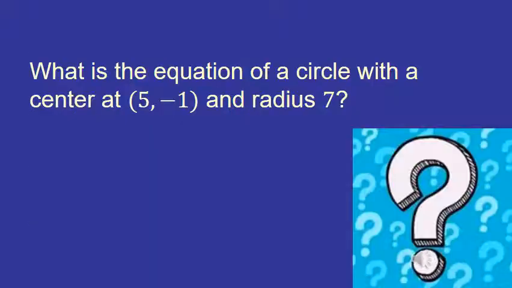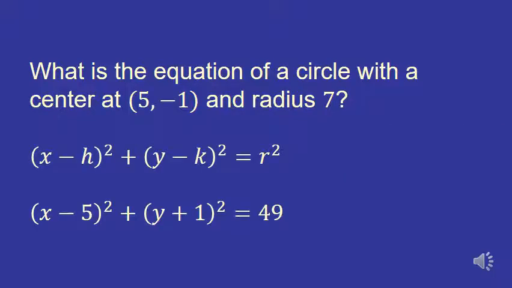So a real typical kind of question would look like this. What is the equation of a circle with a center at (5, -1) and a radius of 7? If you think about that for a second, and you think about the formula we just said, all we're really doing is plugging numbers into the appropriate places in that formula.